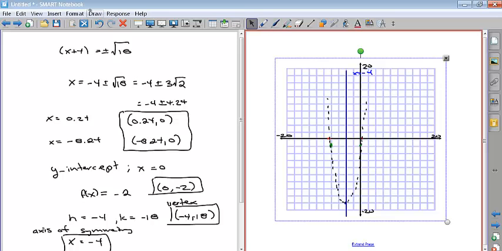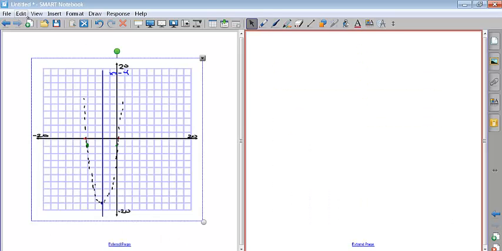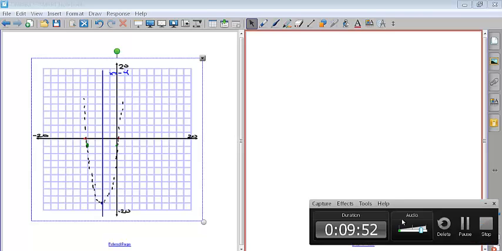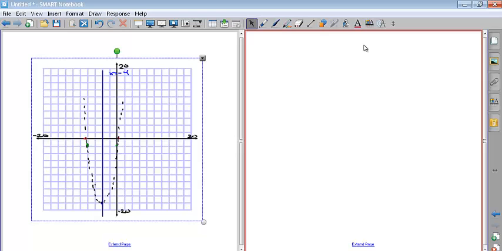Okay, second thing is a third order polynomial. And I'm going to pause for just a second to make up a problem. Okay, so I'm going to give you a third order equation.